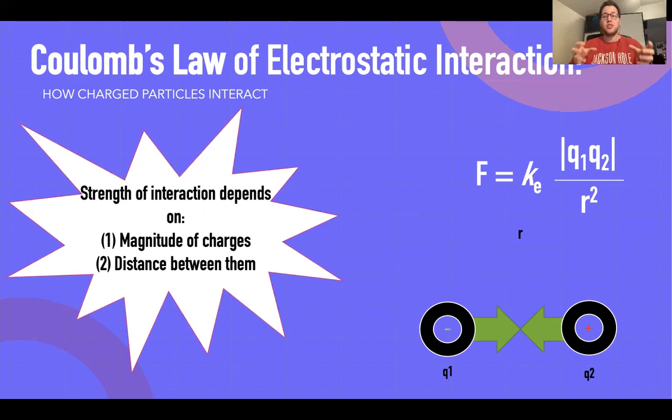And especially if they're both strong in their charges and close together, then the attraction between the two will be extremely strong. That's really important when looking into how molecules may be the strongest and how they interact with each other.